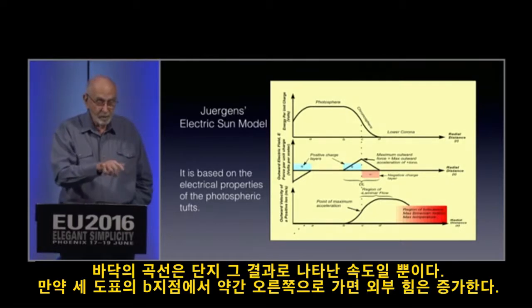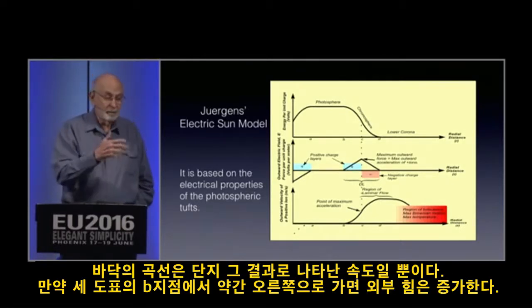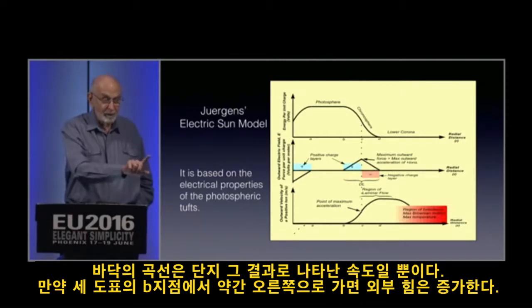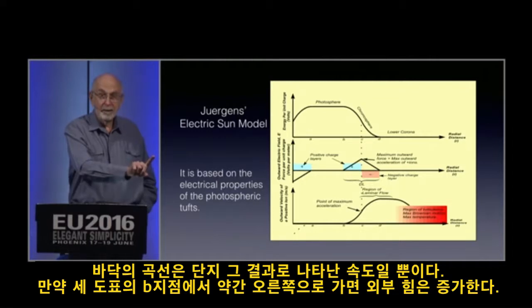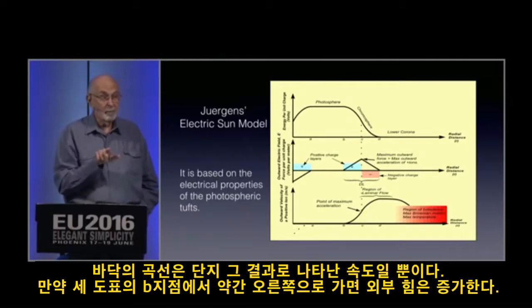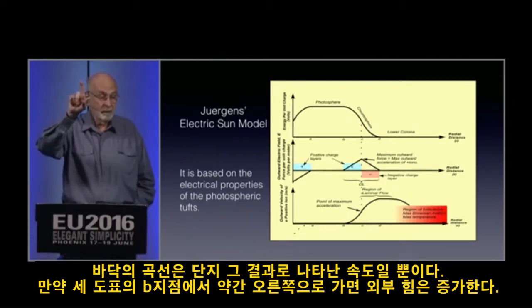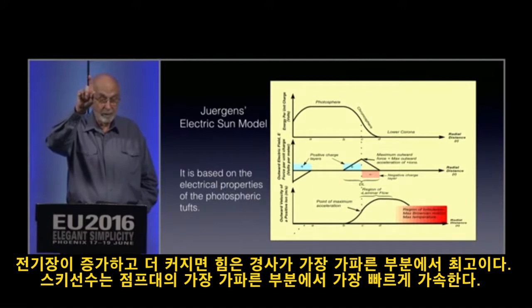The bottom curve is nothing but the resulting velocity. So clearly, think of all three plots: if you get to point B and slightly to the right of point B, the outward force is positive. The electric field is positive and getting bigger.